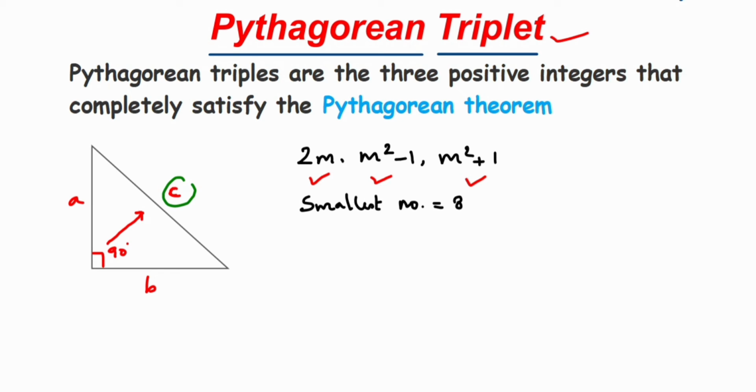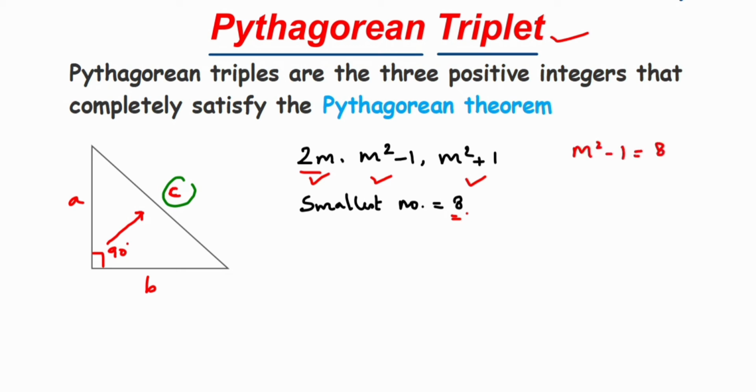But how to find the m value? So 8 can be anything, right? So here I'm going to assume 8 is equal to 2m. Now why am I not taking m square minus 1 or m square plus 1? Let me explain. Suppose m square minus 1 is equal to 8.